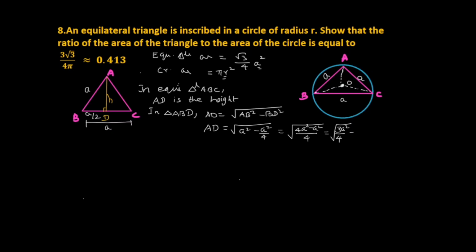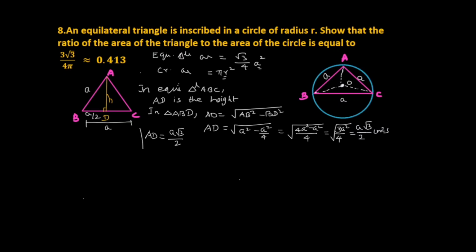Taking a squared and 4 out of the square root, we get a by 2 root 3. That is a root 3 by 2 units. That is our height, that is AD.